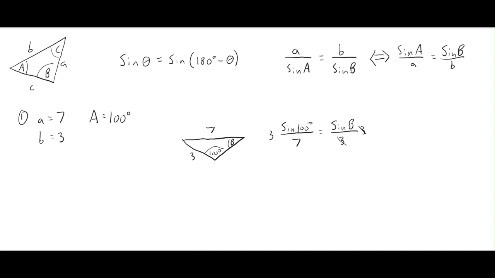And then sine B will be 3 divided by 7 times sine 100. Let me write it out this way: sine B will be 3 divided by 7 times sine 100.